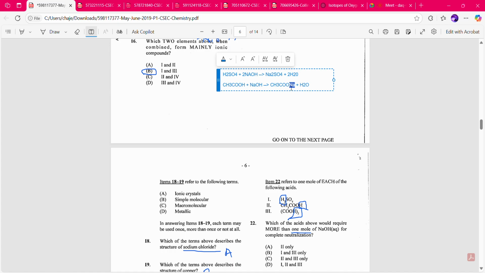Right? Note that it was one hydrogen here and it's being replaced by one sodium. This equation is balanced as it is, right? So we can therefore say that for every 1 mole of ethanoic acid that is involved, 1 mole of sodium hydroxide is used to neutralize it, right?